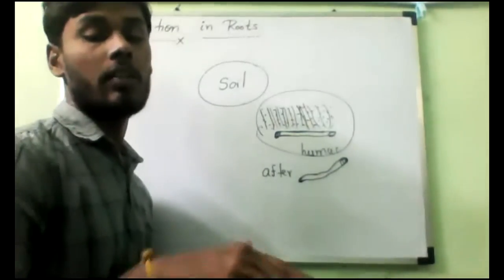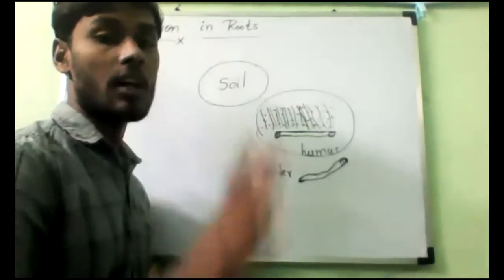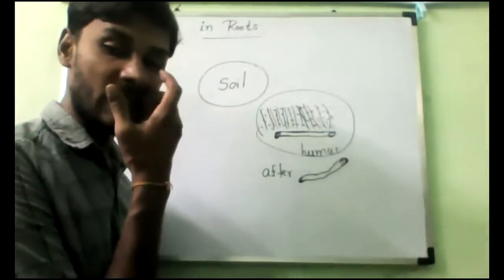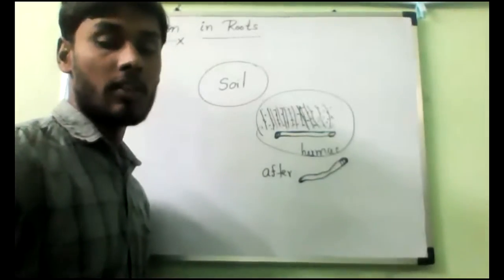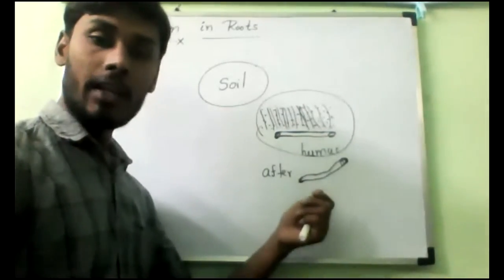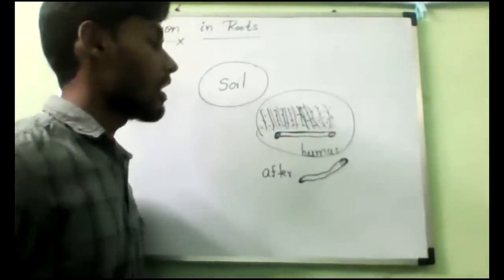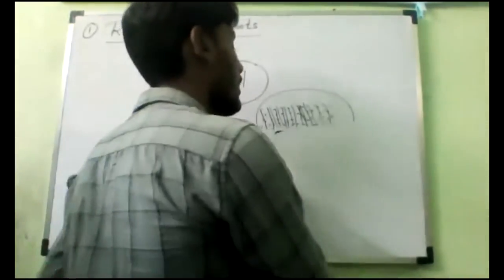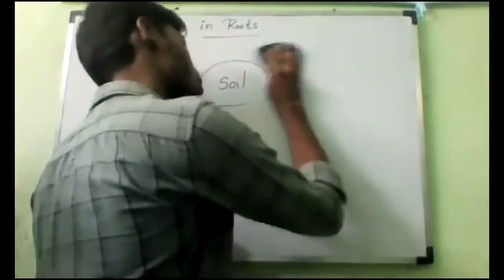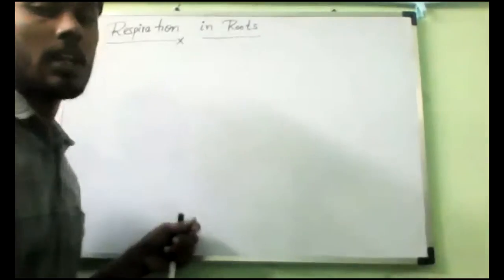So what will happen? They will come to the surface of the earth for the respiration process, because it is also aerobic respiration. In the same way, the roots are also present inside the soil.